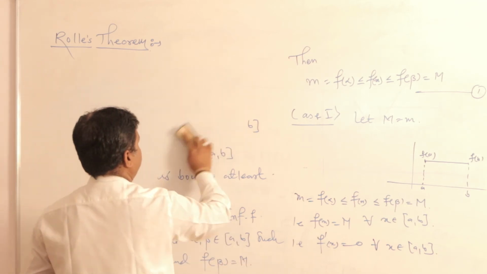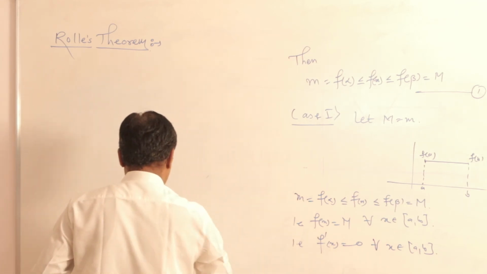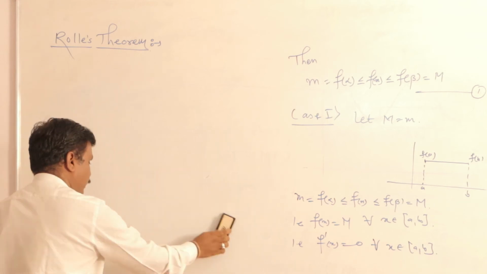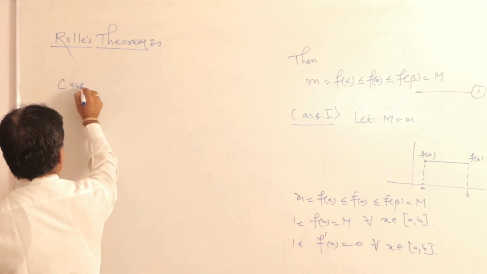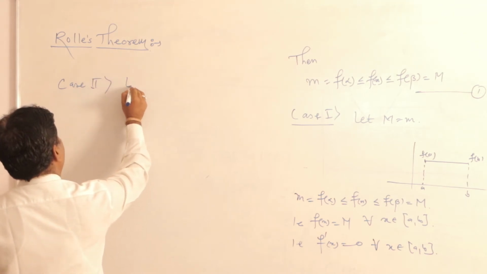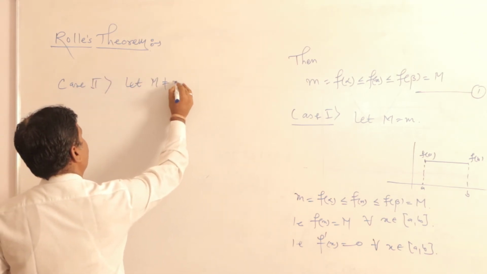So now we consider the second case. In this case, let the supremum value of f is not equal to the infimum value of f, that is, let capital M is not equal to small m.